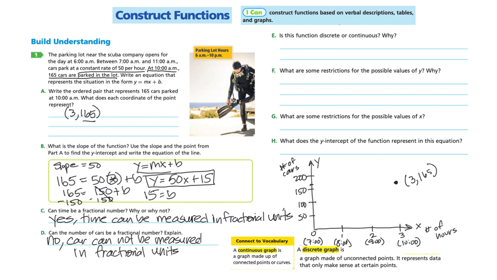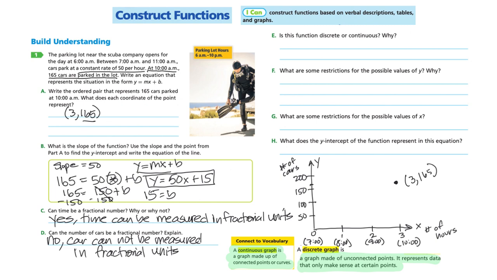So E, is this function discrete or continuous? This is where we would look at this vocabulary. So discrete and continuous. This was actually from another lesson that you did a while back, but a continuous graph is made up of connected points or curves, and a discrete graph is made up of unconnected points.